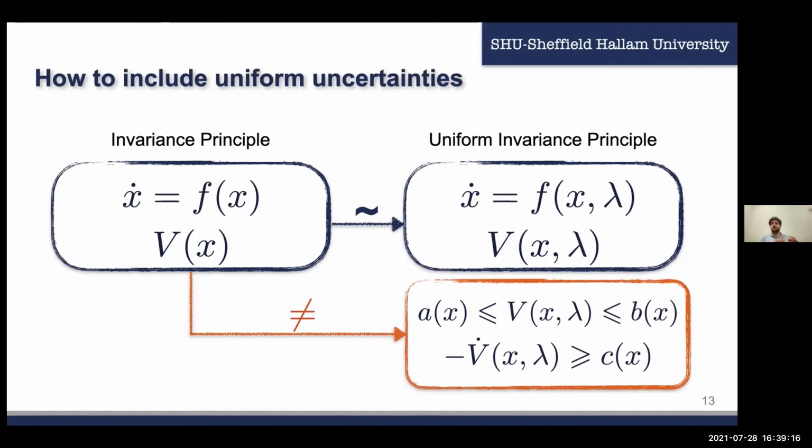Then we include in our model all of those uncertainties in lambda. It's very similar to the invariance principle. The main difference is that we need to find a of x, b of x and c of x so that these inequalities are satisfied for any kind of lambda combination that we can have in our system.